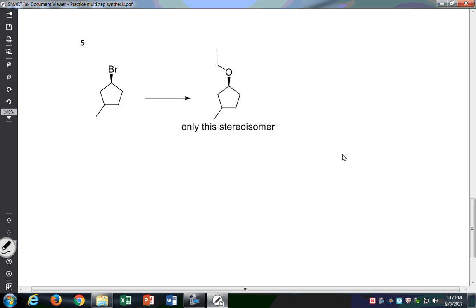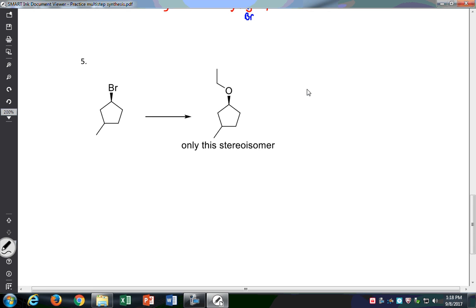Gives me a headache. Okay, so this is the only one that's not addition and elimination for this example. So first off, the main carbon backbone is the same, which is our 5-membered ring with a CH3 group on carbon 2. Carbon 3.